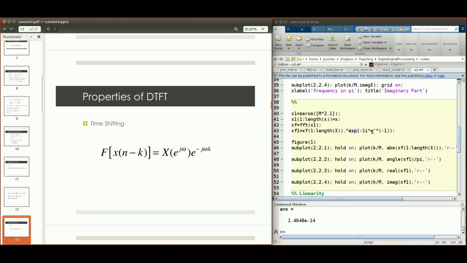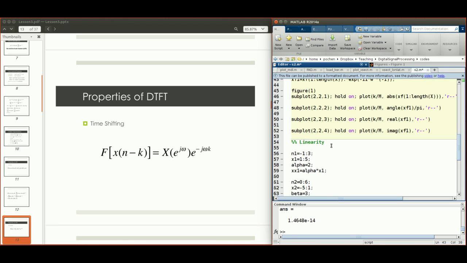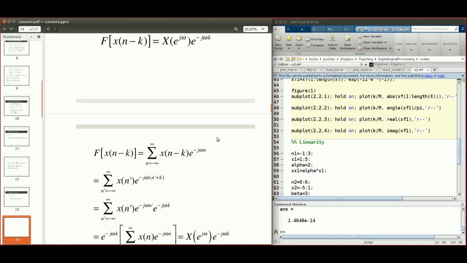K is the amount of shift, right? Here it's -1. So we have validated this time shifting property in our previous example, right? But let's look at mathematically how it works out, right?